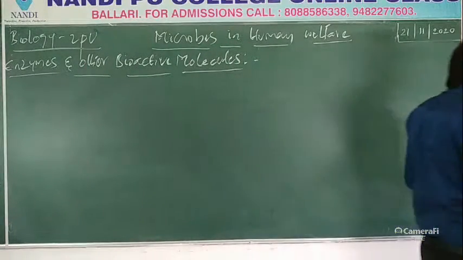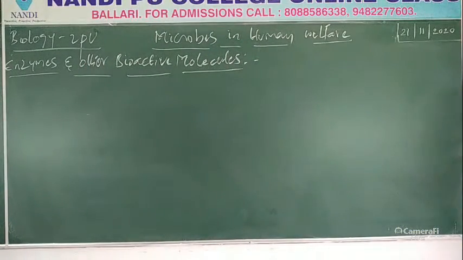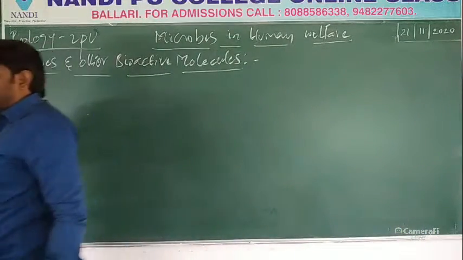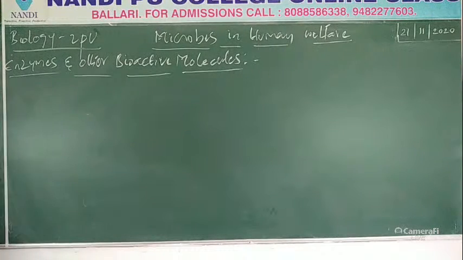Ethanol is also used in the preparation of some medications, for example cough syrups and other medicines. So ethanol is also an industrial product, isolated from microorganisms, here Saccharomyces cerevisiae.